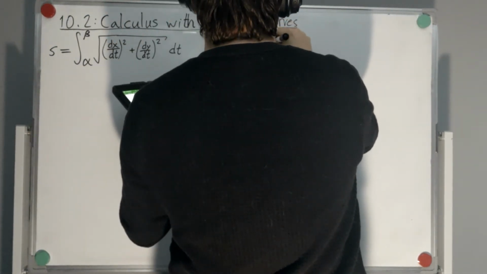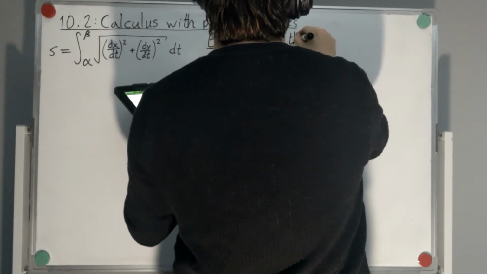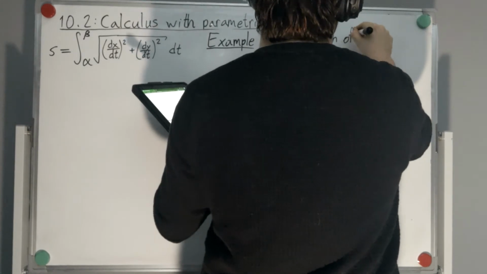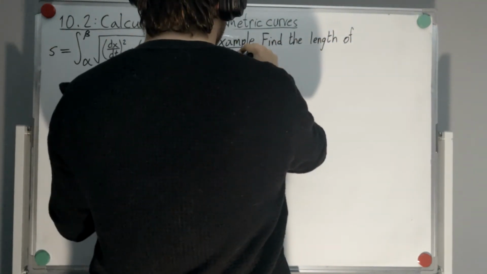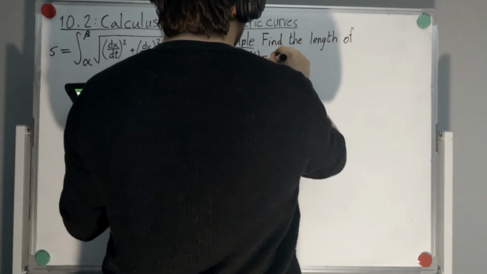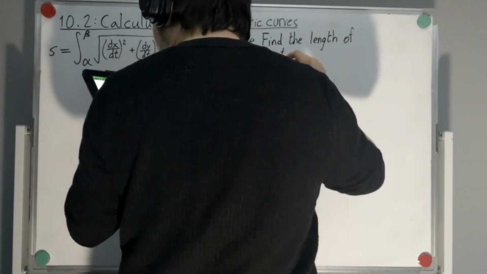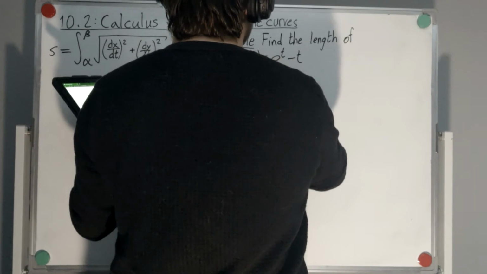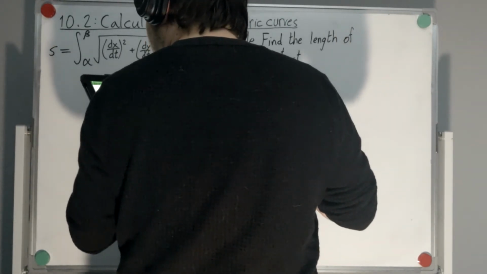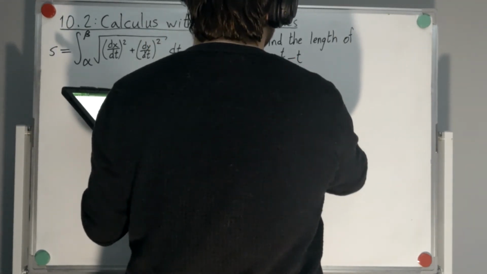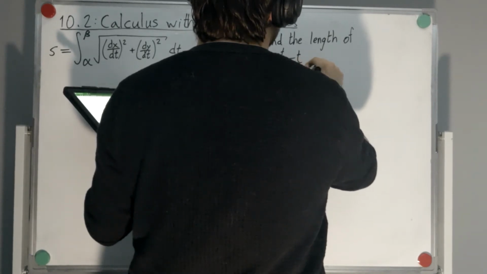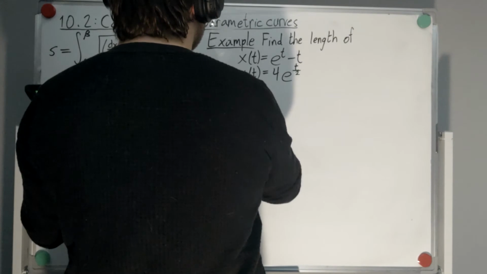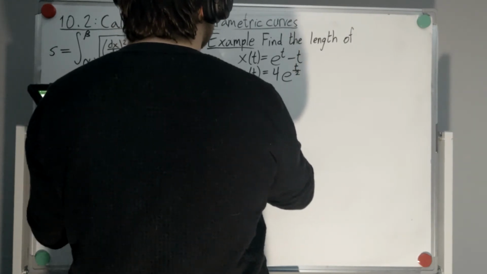We're going to find the exact length of, let's see here, x of t equals e to the t minus t, y of t equals 4e to the t over 2, and we're going to say t is between 0 and 2.